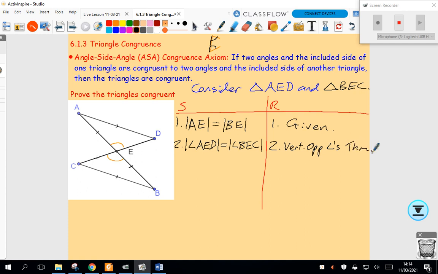So I have this side congruent to this side, this angle congruent to this angle. So what I need to prove to be able to prove congruence using ASA is that this angle is equal to this. So how can I prove that? Well, the first thing I'm going to note are these little arrows here and here, and they're telling me that the side AD is parallel to the side BC.